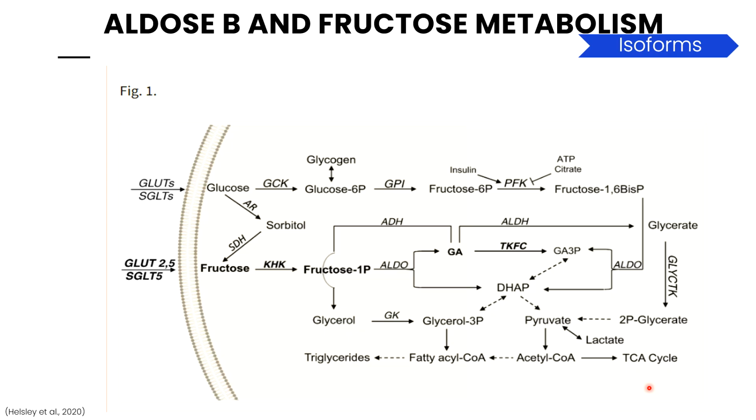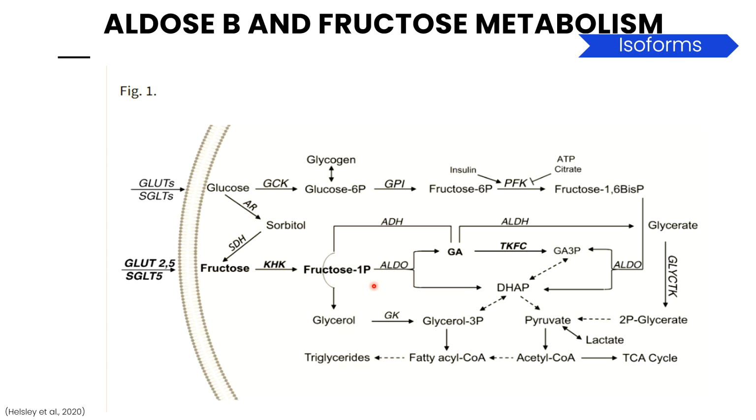But notice there's another possible direction shown in the figure. There's an arrow from acetyl-CoA to fatty acyl-CoA to then triglycerides. So carbon is also able to enter the direction of fatty acyl-CoA and triglyceride synthesis. This shows us that fructose-derived carbon can contribute to several different metabolic outcomes rather than just having one singular fate.